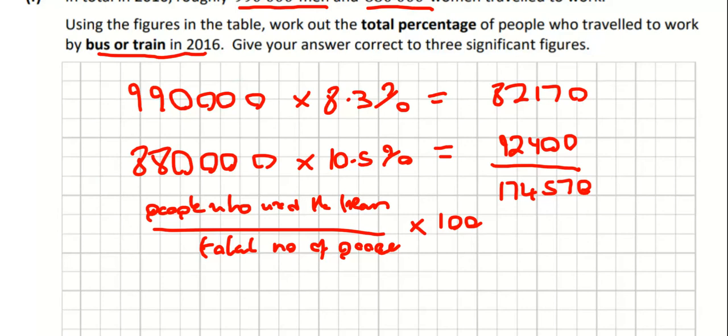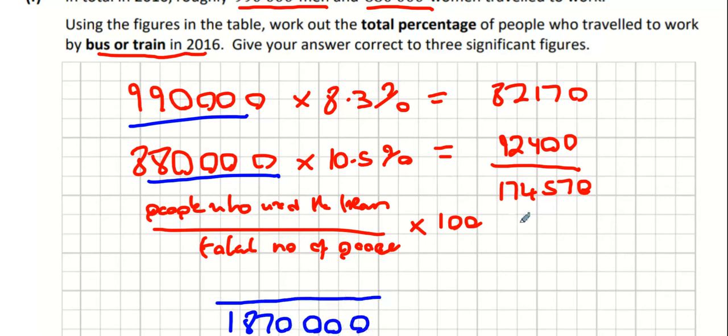So we're going to add the 990,000 to the 880,000, and we should get 1,870,000 people.